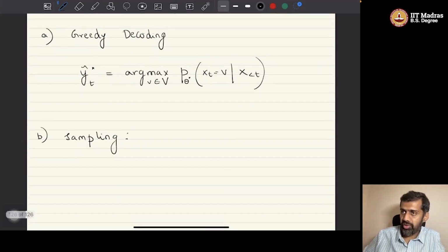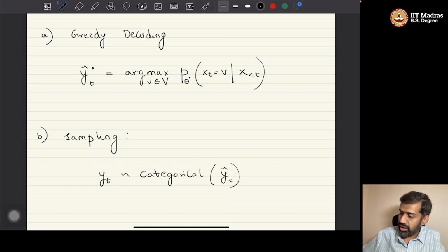The other thing is fully blown sampling based decoding, where we sample y_t from the categorical distribution over y cap star.